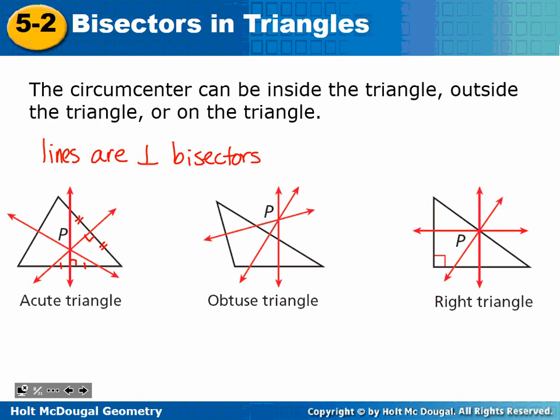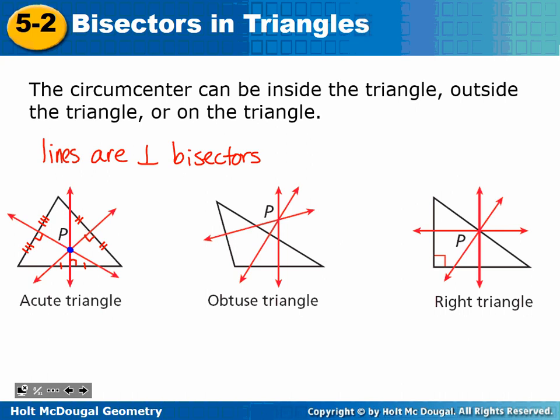Or you can just write it there. The lines are perpendicular bisectors. Okay? So what does that make this point P today? What do we call it if it's made by perpendicular bisectors? The circumcenter. Okay, circumcenter is made by the perpendicular bisectors.